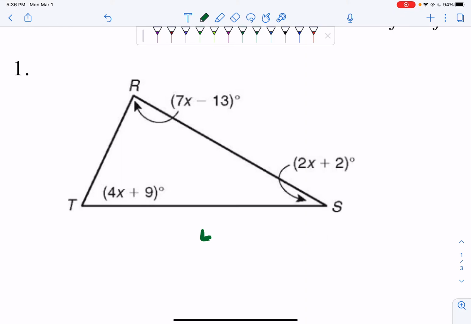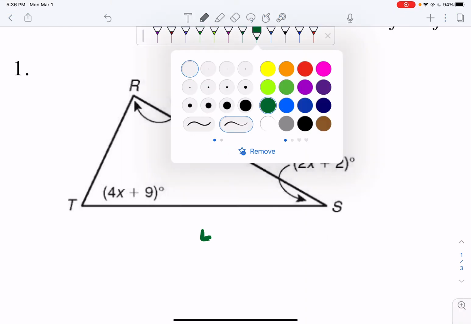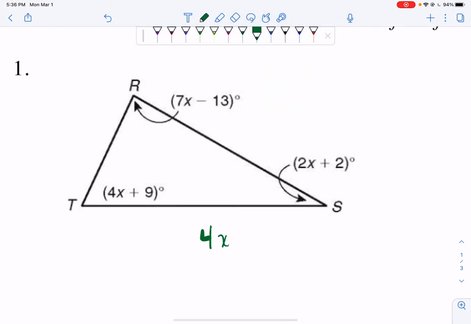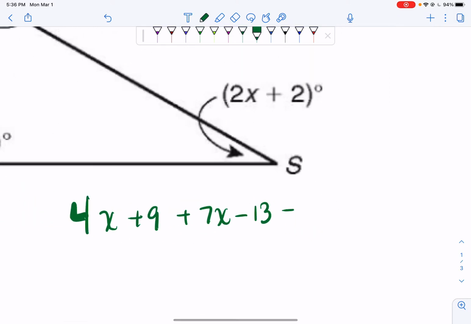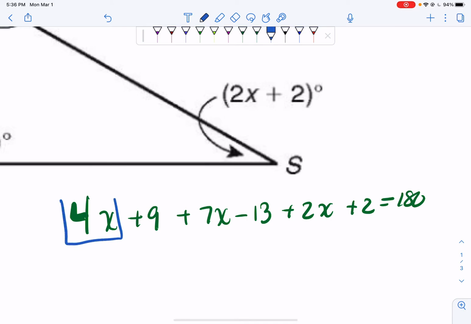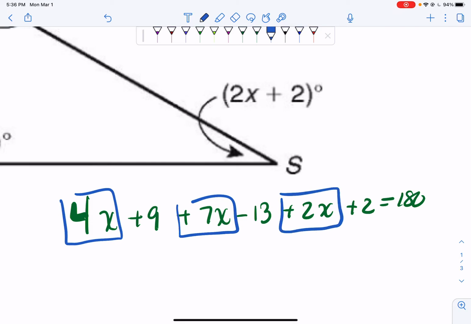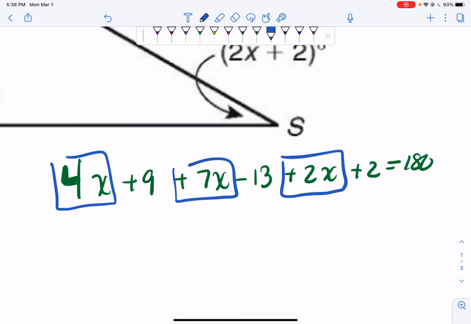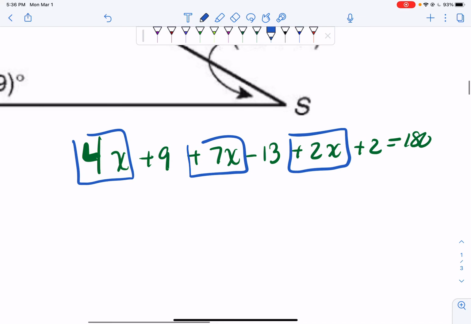So I have 4x plus 9 plus 7x minus 13 plus 2x plus 2 equals 180. The first thing I'm going to do is circle, in blue, my like terms. So 4x is a like term with my 7x, which is also a like term with my 2x. 4x plus 7x is 11x, plus 2x is 13x.